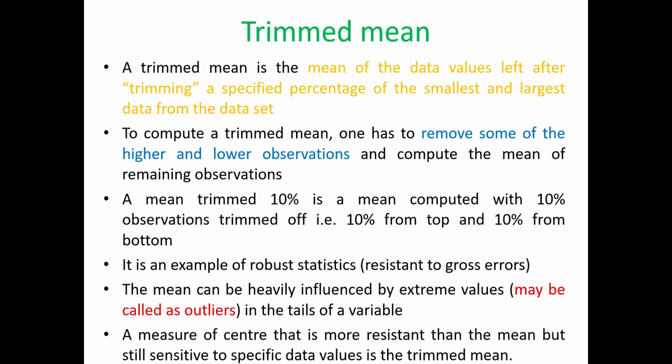So that's why we remove these tails, we trim the data. A measure of center that is more resistant than the mean but still sensitive to specific data values is the trim mean. So removing those influential data which influence the mean and then calculating it does not mean that it is not being influenced by other specific data also.